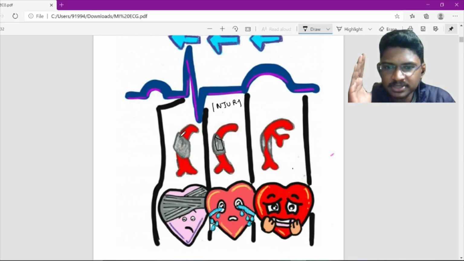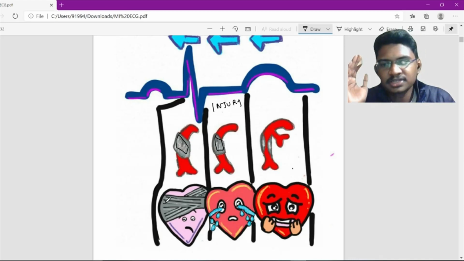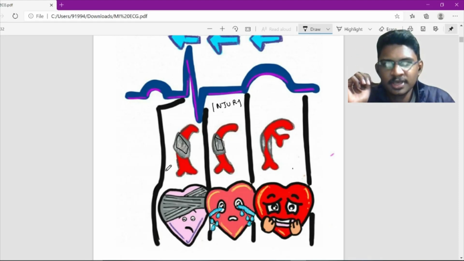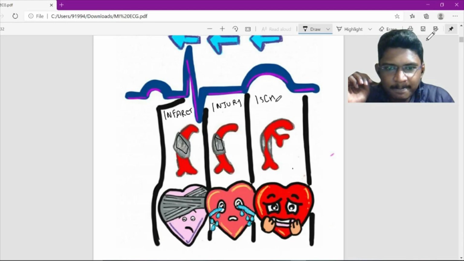And this part is a completely blocked vessel where the heart is injured. The heart myocardium is replaced by scar, fibrous tissue, non-contractile tissue. That part we call infarct. So: ischemia, injury and infarct.